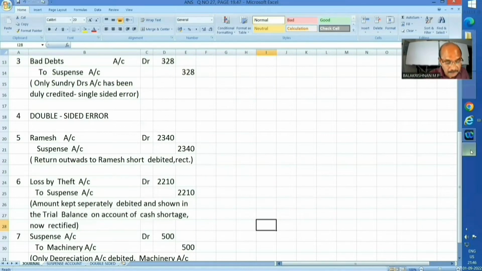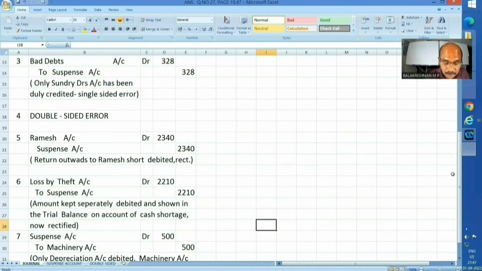Well, item number 3. An item of rupees 328 written off as bad debt from Ajay Sharma has not been debited to bad debts account. That means it is very much a single-sided error because only bad debts account action is pending. But what would have been the proper entry? Proper entry would have been bad debts to Ajay Sharma.